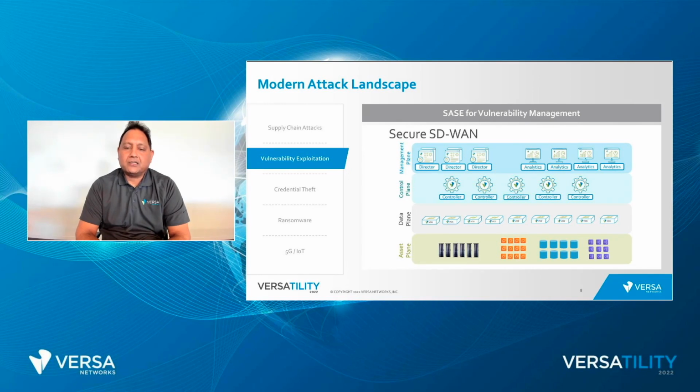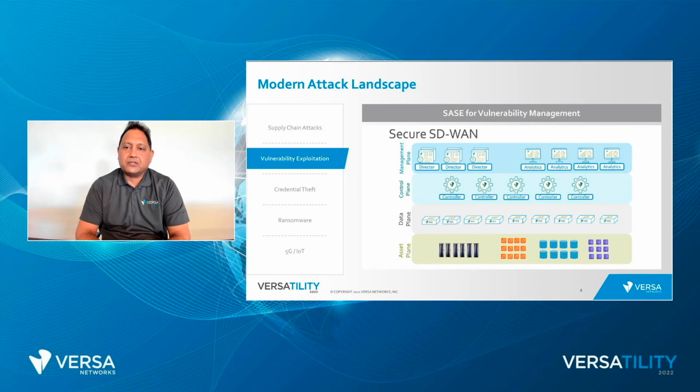In the asset plane you have real infrastructure elements like servers, applications, virtual machines, databases, and endpoints, all the assets within a given IT infrastructure. All of these assets communicate over the network, and all of that network communication goes through a data plane.